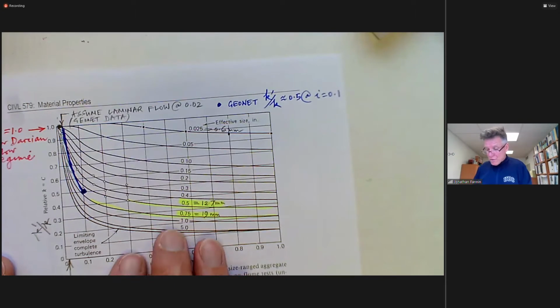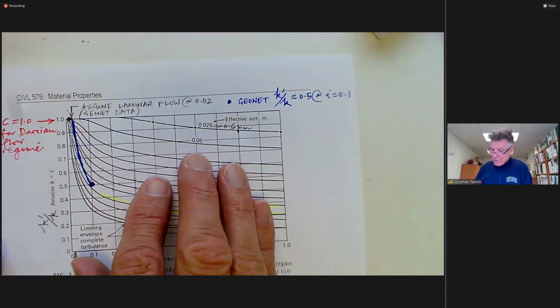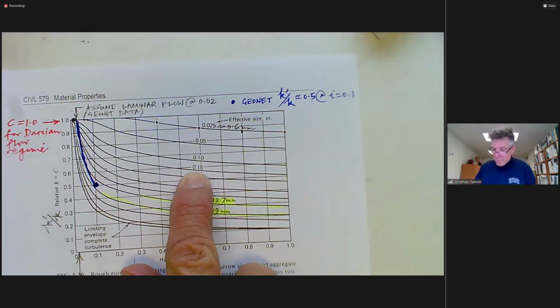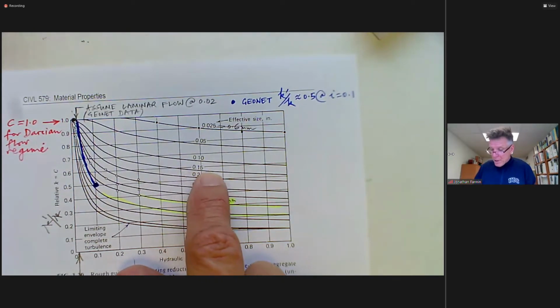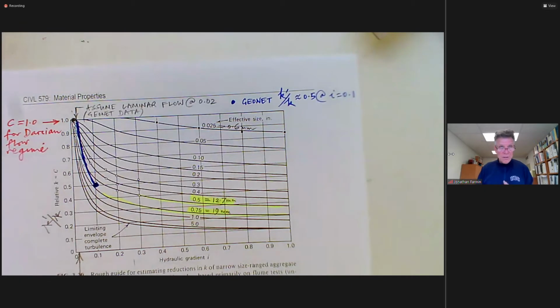So we see non-Darcian flow in soils. 3.8, let's call that 4 millimeters. Here we're getting at about the division between coarse sand and fine gravel. Okay, so gravels exhibit non-Darcian flow.